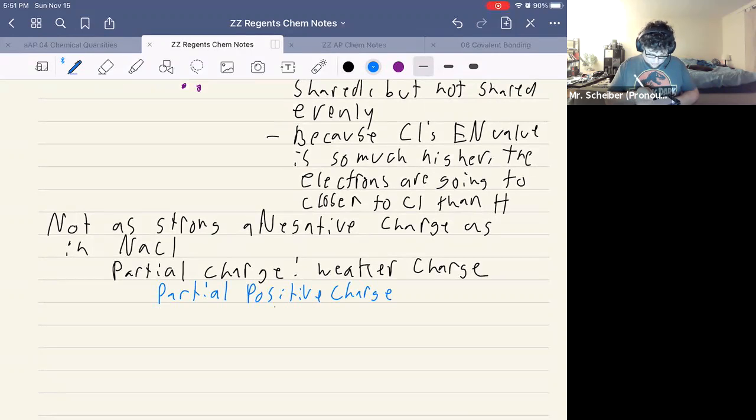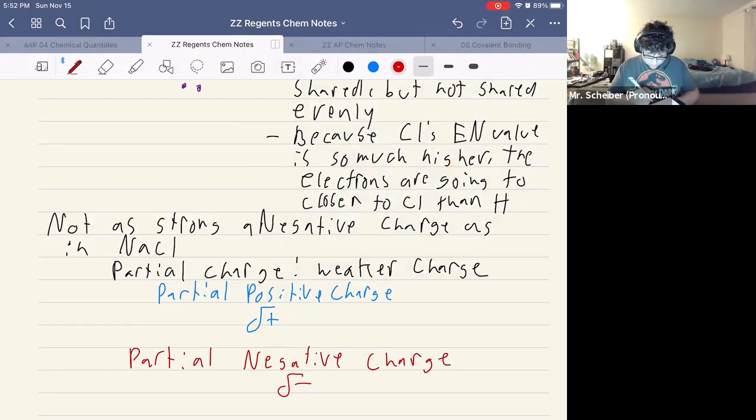We're going to draw it as that swoopy D-looking shape. It's actually, I believe, a lowercase delta. And then the plus is for the positive, so that shows it's a partial positive. And then for the partial negative charge, because we obviously have both, swoopy with a negative sign.